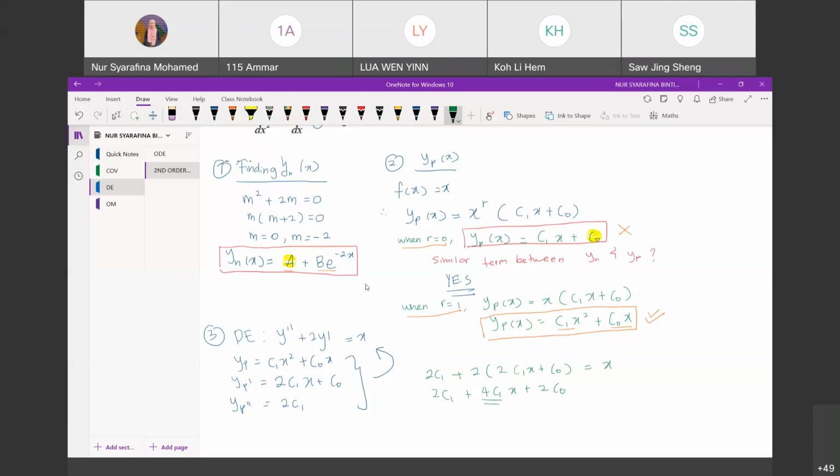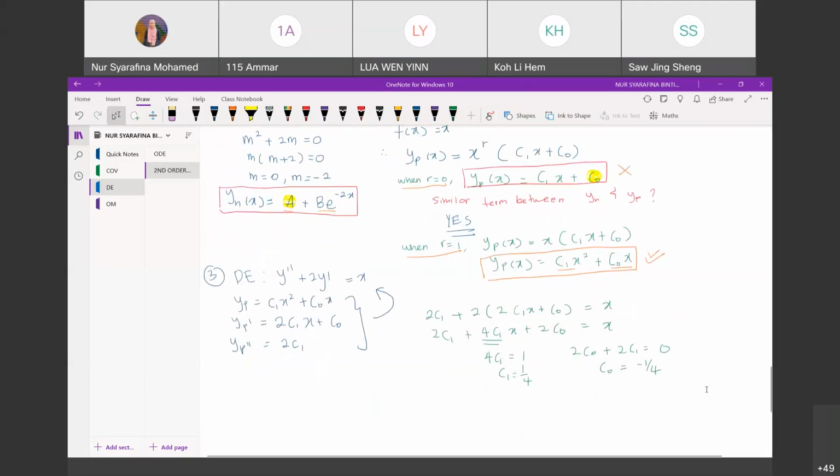So 4c1 equals 1 and the rest is constant. So you can have c1 equals 1 over 4, and then c0 equals 1... What is your c0 there? Minus 1 over 4. Now you have your c0 and c1.